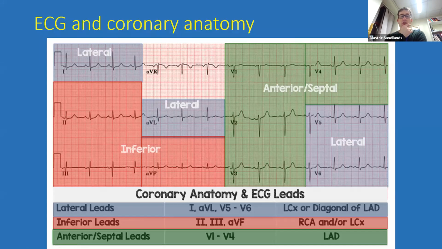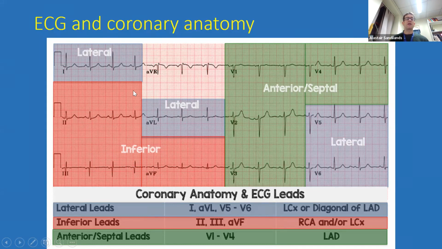Okay, so remember now, we talked about things being grouped together. So if you have ST elevation in lead 2, you're going to expect it in 3 and AVF, okay? In the majority, 99.9% of cases. So if you've got 2, 3 and AVF as ST elevation, you have an inferior STEMI. If you have an inferior STEMI, for example, your right coronary artery is going to be most affected 80% of the time. 20% of the time, it's going to be the left circumflex.